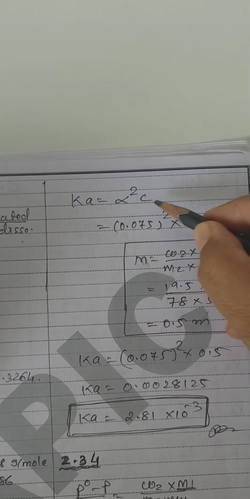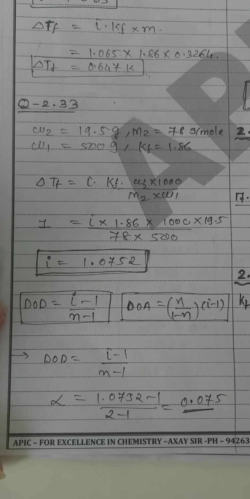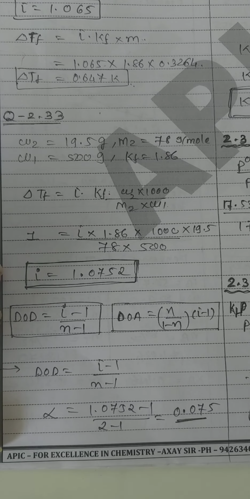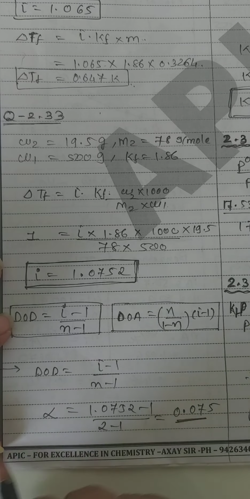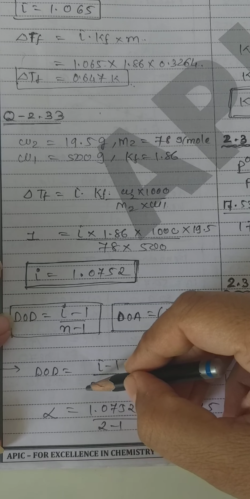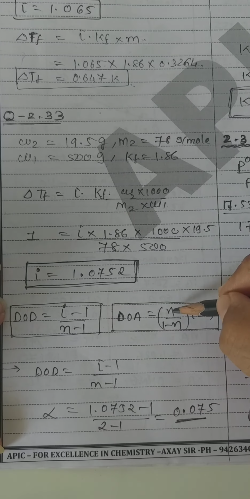And C is the concentration, that we will also find. So how to calculate alpha? Again, according to video number 13 and 14, you know the formula: degree of dissociation is (i minus 1) upon (n minus 1), and degree of association is n upon (1 minus n) into (i minus 1).